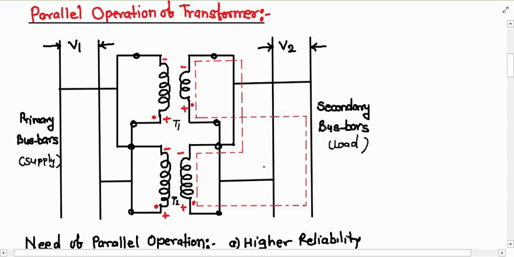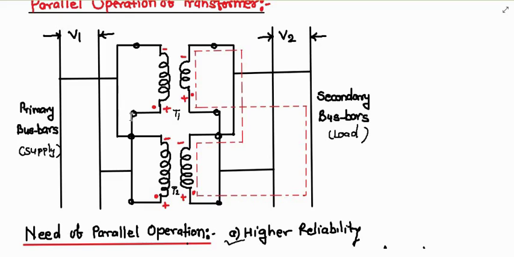They will act together in the local secondary circuit, which is shown by the dotted red line in this figure. Even when the transformer is not supplying the load, the EMF induced in the secondary will be responsible for producing the dead short circuit as shown in the figure.